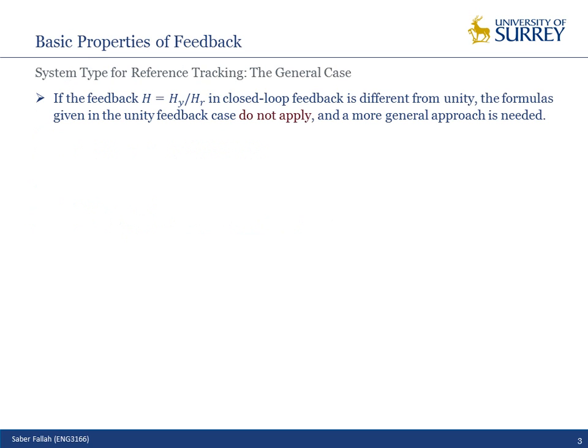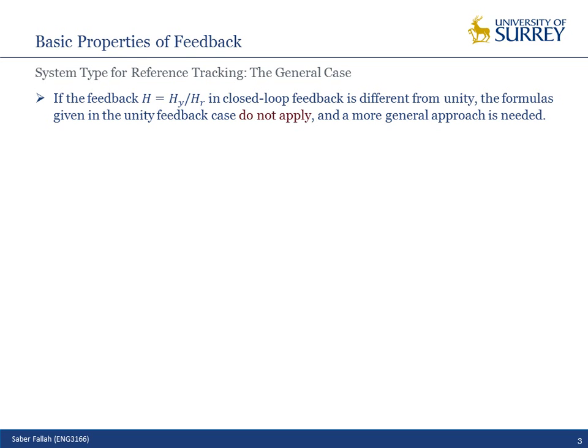What I discussed so far in terms of the type of the system was for the unity feedback system. What is a unity feedback system? When do we have a unity feedback system?